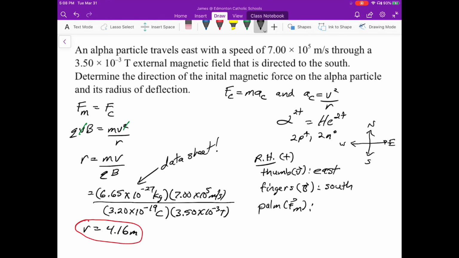And then my fingers would actually be pointing behind me, because if I'm facing north, south is behind me. My thumb is pointing to my right because my right represents east. Behind me represents south because I'm imagining facing north. So therefore, the palm of my right hand ends up facing vertically down. So that is the direction of that magnetic force.